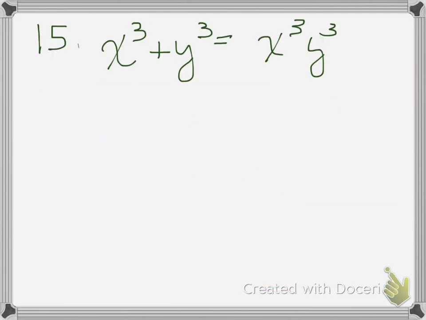Okay, so here's number 15. Starting from the left, I have a product on the right-hand side and an addition on the left-hand side. So I have product rule on the right and no product rule on the left.